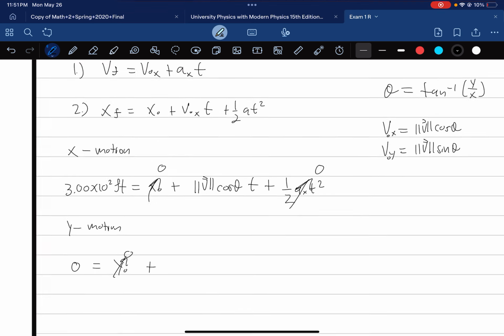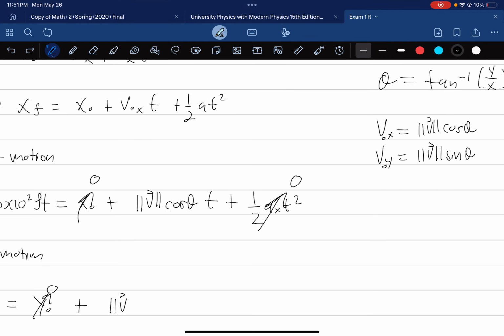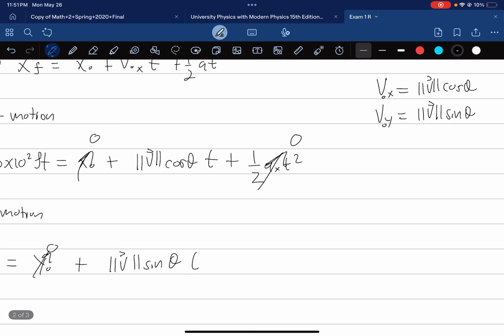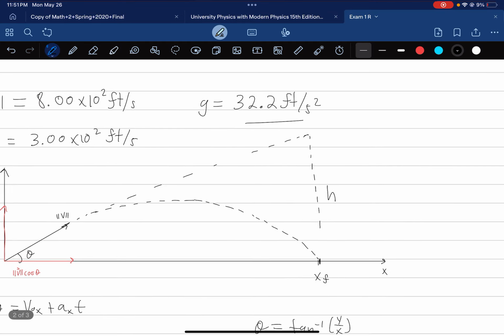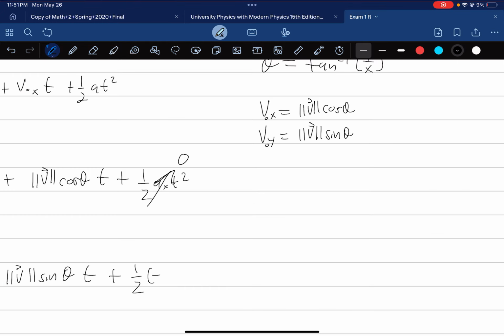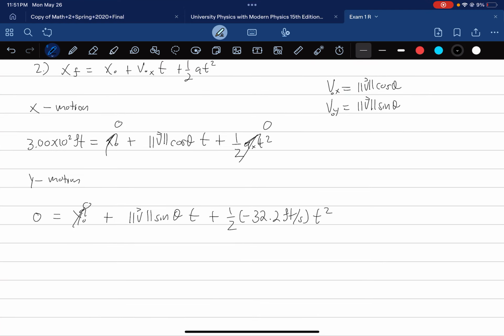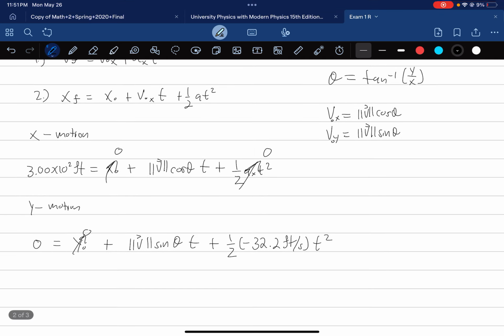We know that our initial velocity in the y direction is given too, which is whatever we found here, just the magnitude of the velocity sine theta. Don't forget the t. So this is 1/2, and remember to use the correct value for g, which is gravity. So gravity is acting in the negative direction, we put negative 32.2 feet per second squared, t squared. So that's our equation for the y motion.